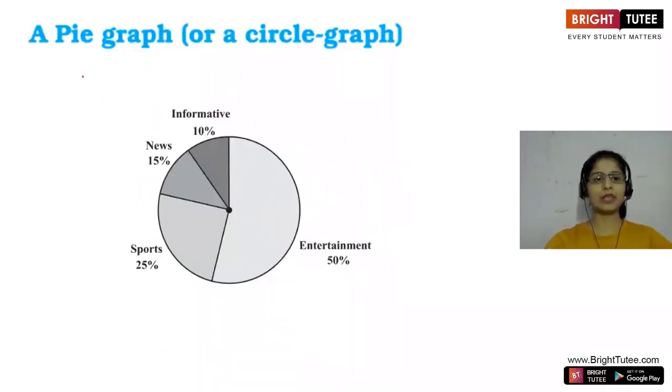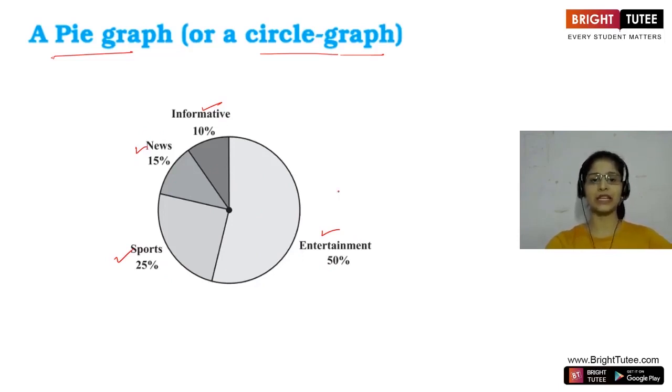Now discussing the pie chart or pie graph or so-called circle graph. We used to make a circle and calculate the different information in terms of percentage, like out of this complete 100%, 50% entertainment, sports 25%, news 15%, informative 10%.